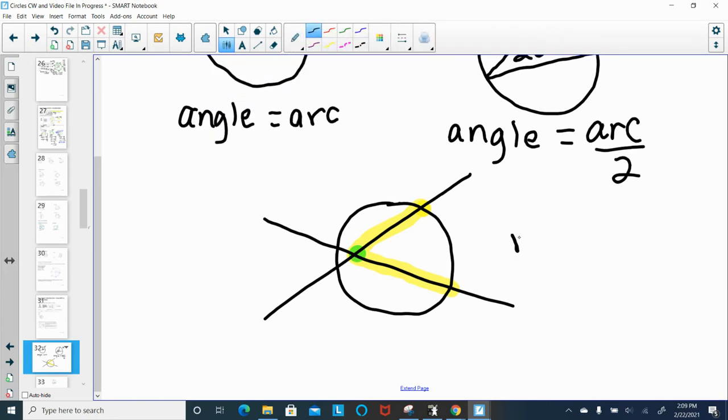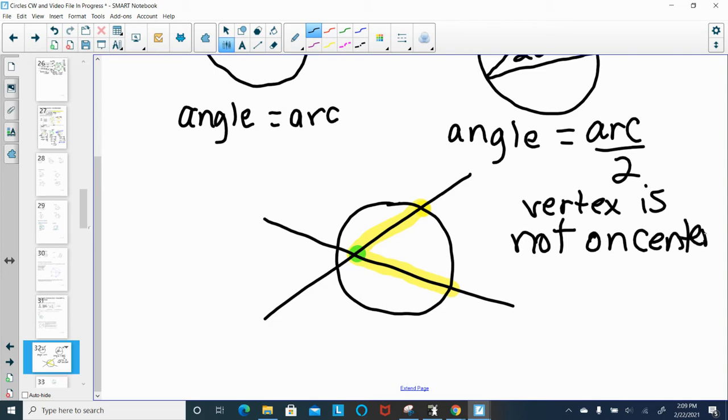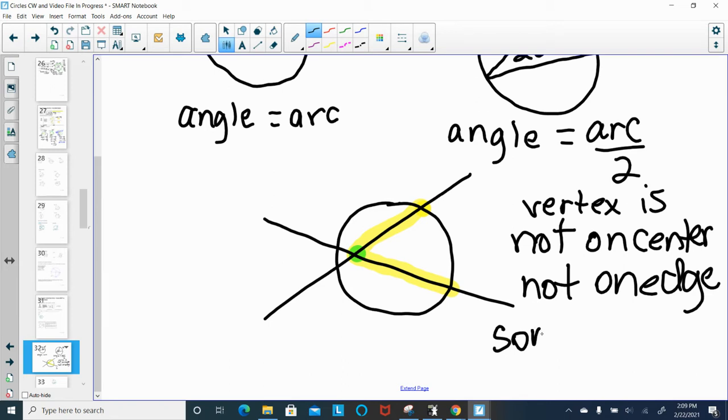However, it is not on the center, and it's not on the edge. It's just somewhere inside. And this is a whole other case. This doesn't fit into any of the situations that we've learned about so far.